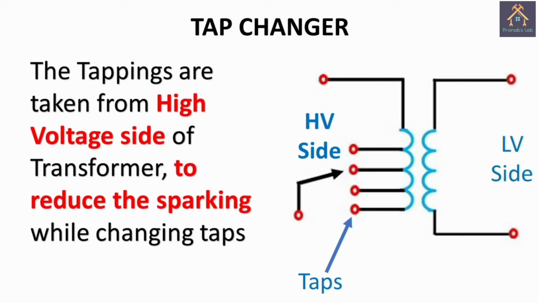Generally, the taps are taken from the high voltage side winding because the high voltage side winding carries less current than the low voltage side winding. So, to eliminate sparking during the changing of the taps, the tap changer is mounted on the high voltage side winding.